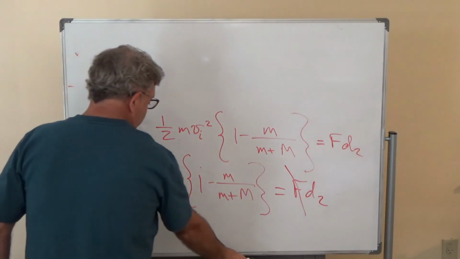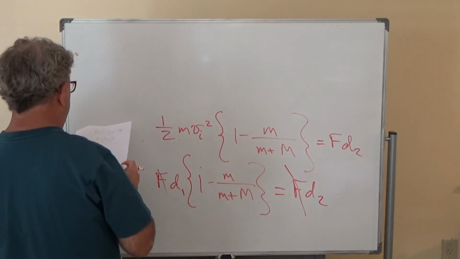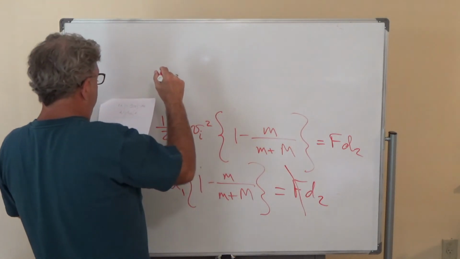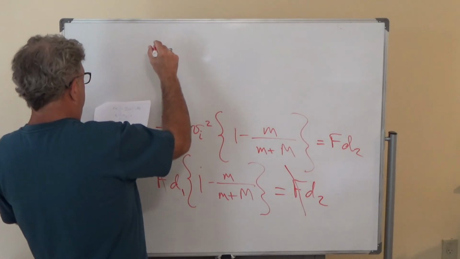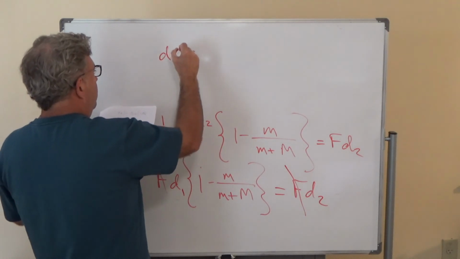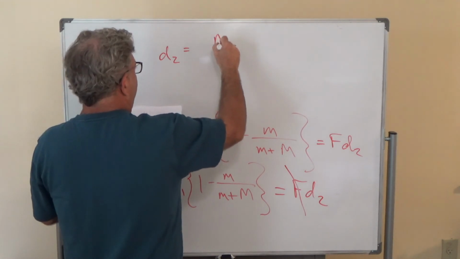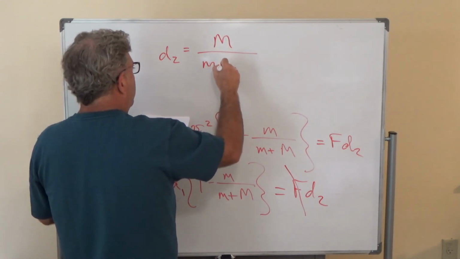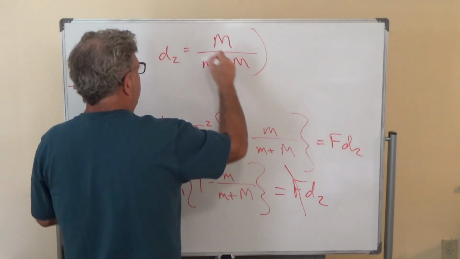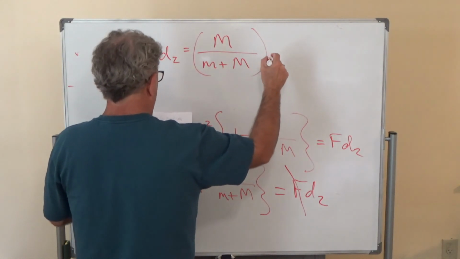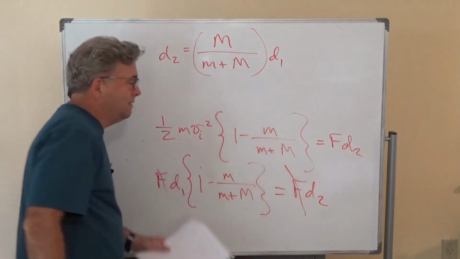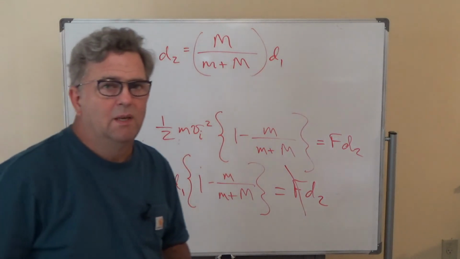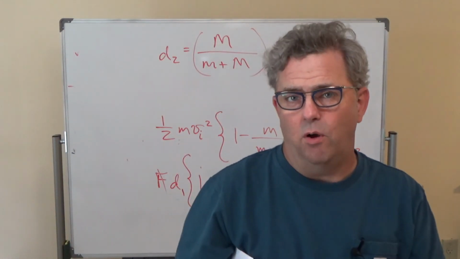So now you get a relationship between D1 and D2, and I've got it written down. I'll just write it like this. D2 is equal to big M over little m plus big M times D1. And that's it. That's not obvious. That's a difficult problem.